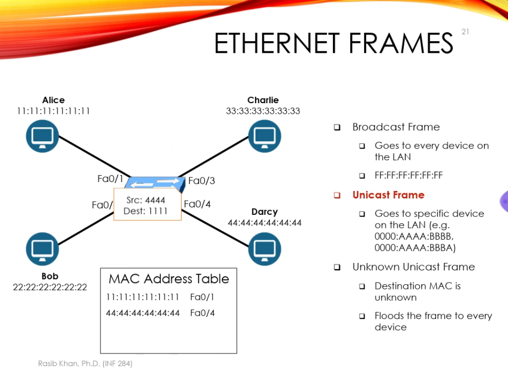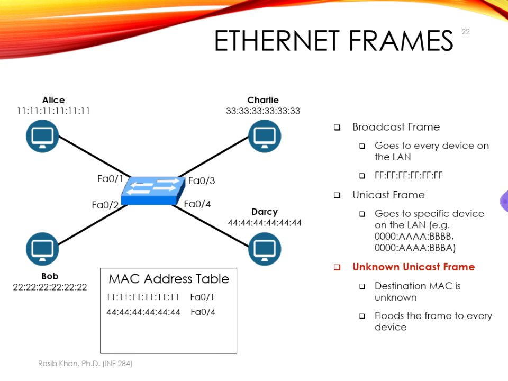So it records the MAC address of Darcy and the interface it just received this frame on, and then it checks the destination address, 11, and finds a record in the MAC address table that this MAC address is connected to interface 1. So it now knows the exact interface to forward the frame to, and it can selectively send it out to Alice.